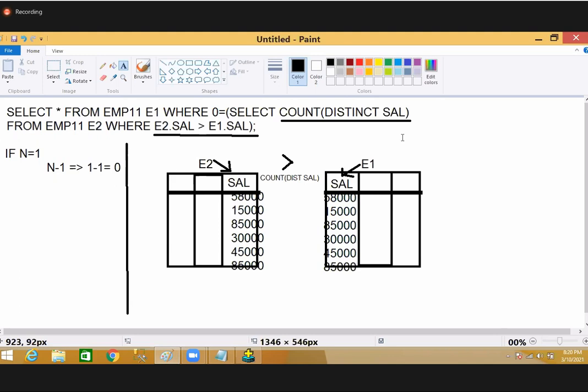Yes, E1 is the outer query alias and E2 is the inner query alias.